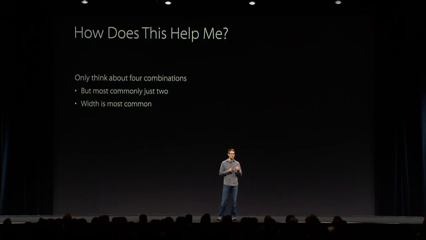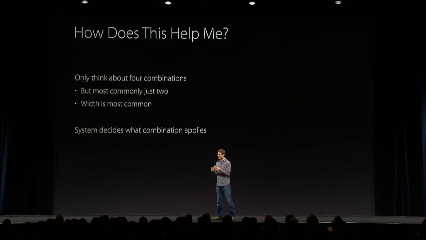Which means that as you're designing your applications and thinking about how you want them to be different between iPad and iPhone, think primarily about the differences horizontally. Now, certainly you guys are going to have custom applications, you're going to do special things, we understand that. But certainly that's the most common case, just thinking about the width class.